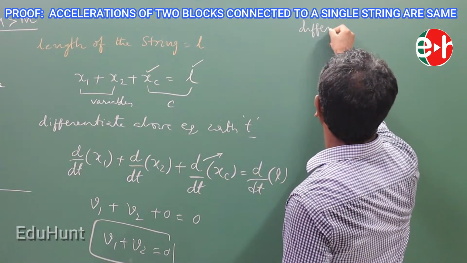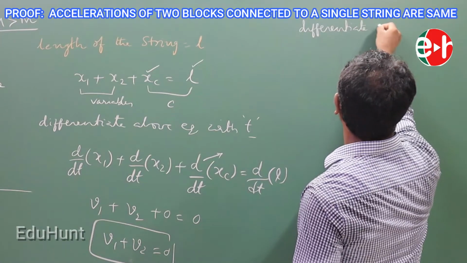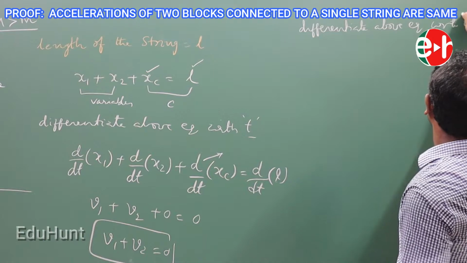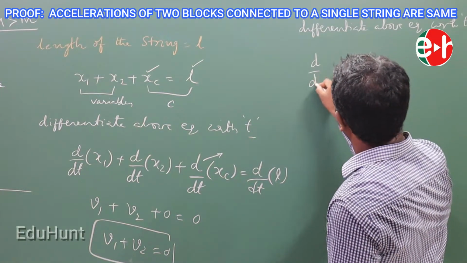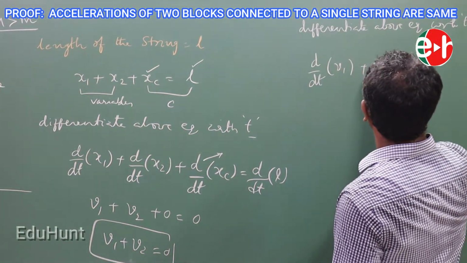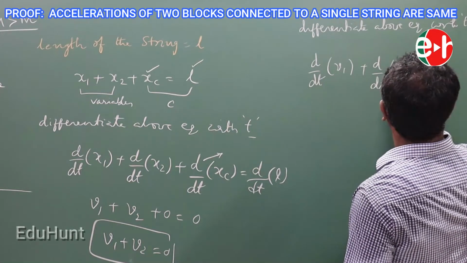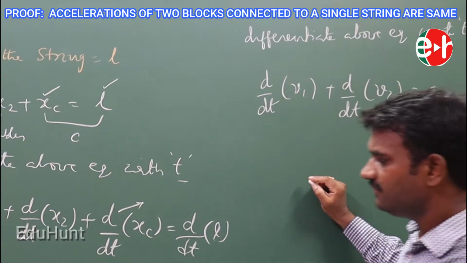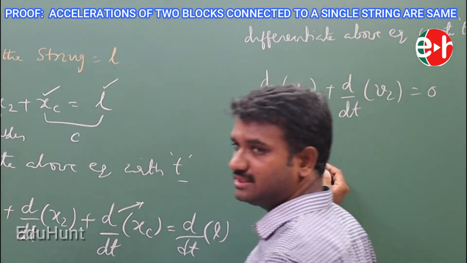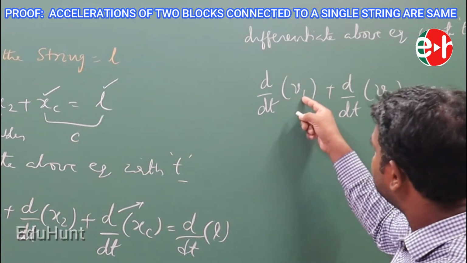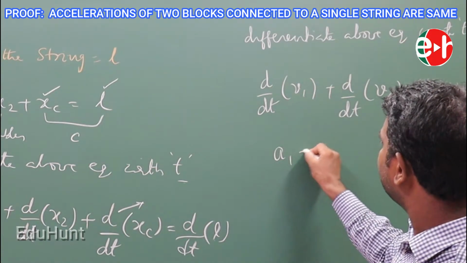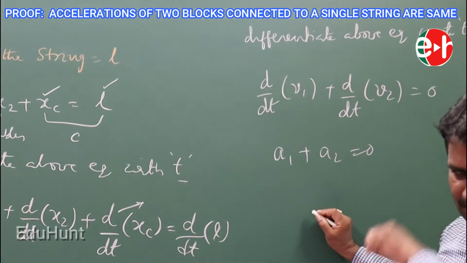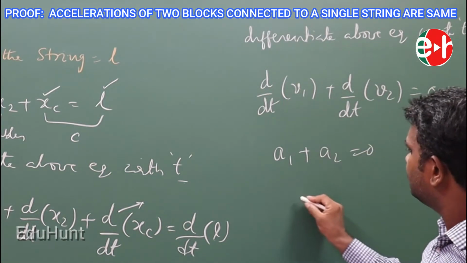Differentiate the above equation with respect to time again. So d by dt of v1 plus d by dt of v2 is equal to how much? 0. As v1 is not constant and v2 is not constant, this rate of change of velocity is nothing but acceleration 1, this rate of change of velocity is acceleration 2, is equal to 0.